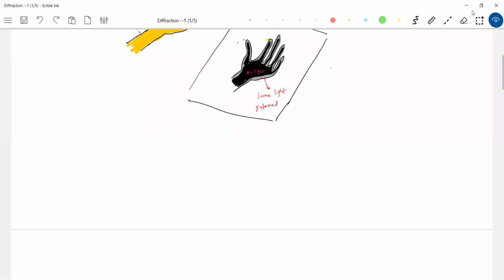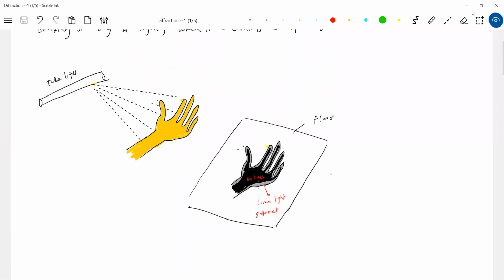Therefore, how should we define diffraction? Bending of rays of light at sharp edges is called diffraction. Shall we put it like this? Or encroachment of light into the blocked region: the light was not supposed to be here, but some encroachment occurred.